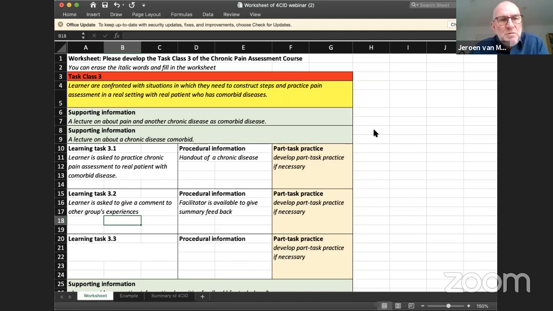Learning task 3.2 is what we would probably call a case study. They study how another learner dealt with the patient and give comments and feedback on this other group.